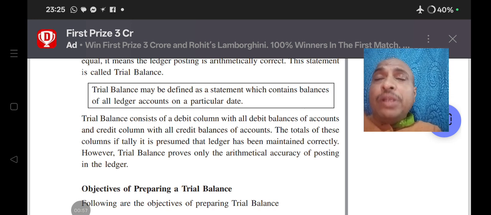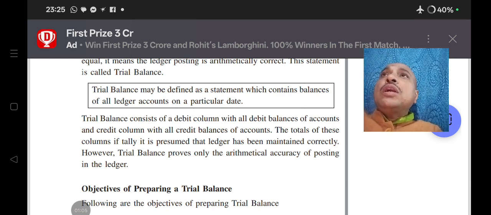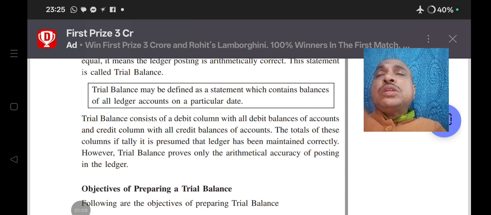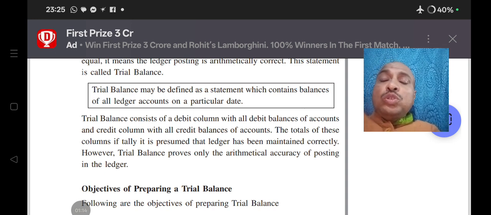It is only a statement. The accounts with debit balances and the accounts with credit balances are shown here. The accounts with debit balances are shown on the debit side, the accounts with credit balances are shown on the credit side, and at the end, the two sides match.